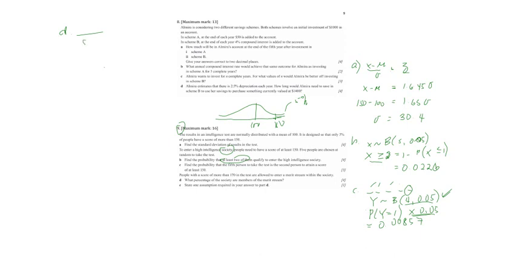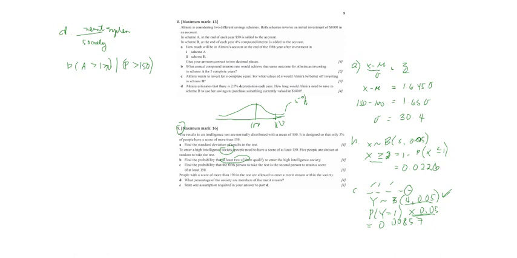So this is the same as finding the probability that A is greater than 170, that's the IQ intelligence measure, given that A is greater than 150.